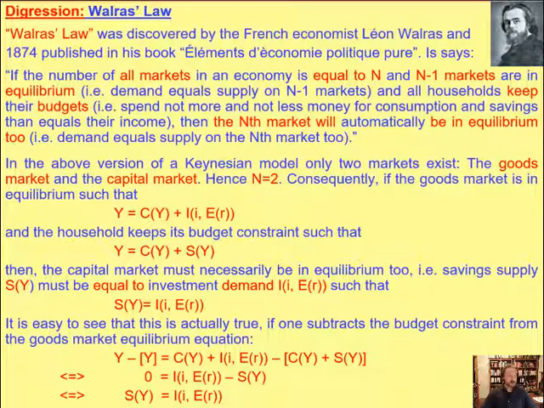This is what we wanted to prove. If this equation is true and this equation is true, then necessarily this equation here, the capital market equilibrium, must also be true. So this means we have now proven Walras' law for our two-market Keynesian model.